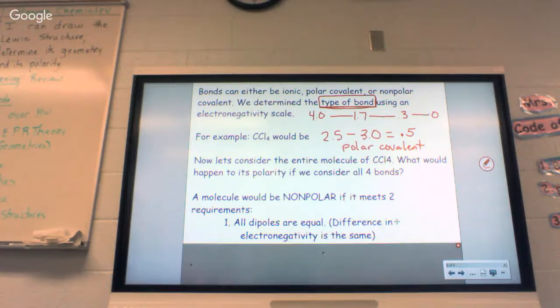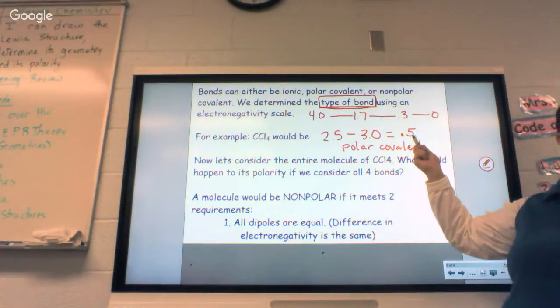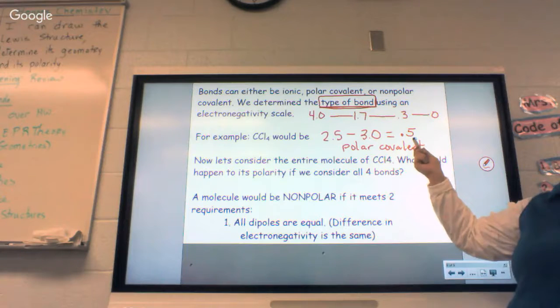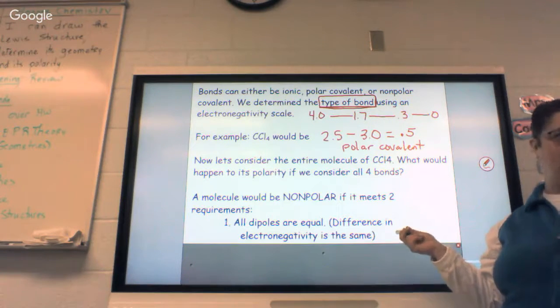Basically, it means their difference in electronegativity is the same, meaning when you subtract the 2 numbers, you get the same number. A dipole is just the difference in electronegativity. So you see how we subtracted 2.5 and 3, and we got this 0.5? That's a dipole. So their difference in electronegativity is the same number.